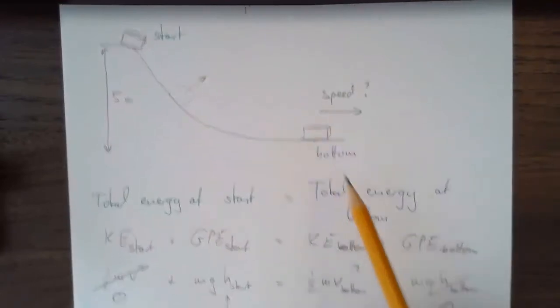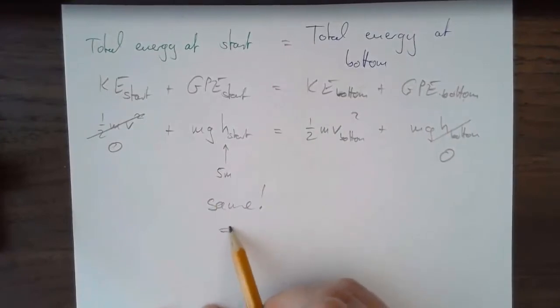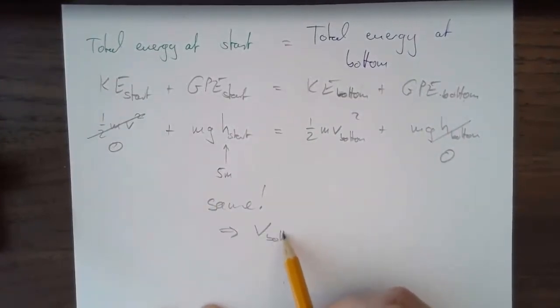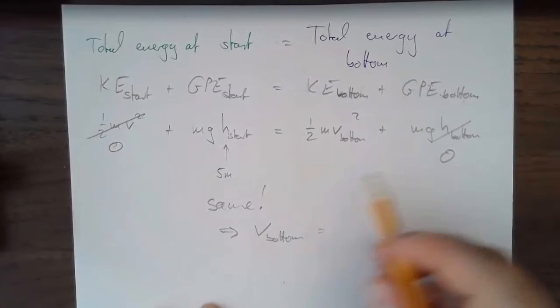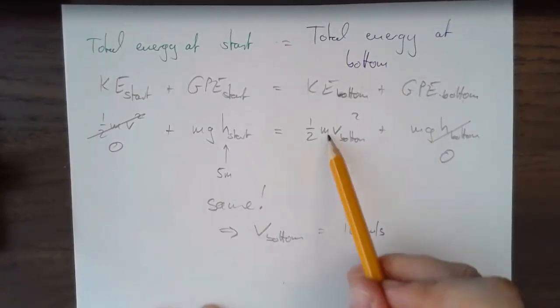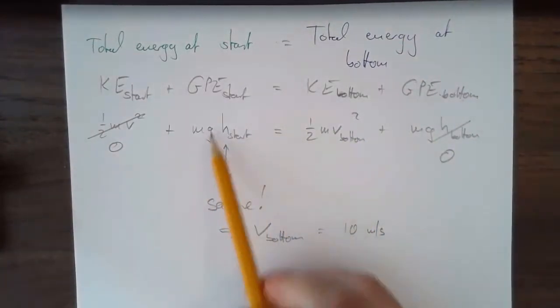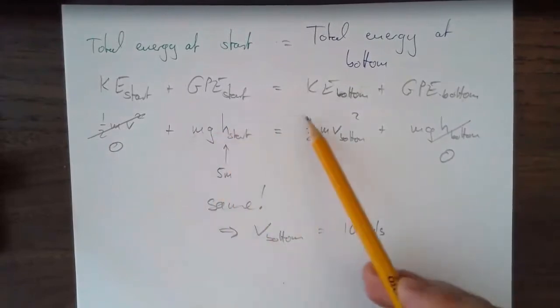The speed at the bottom is going to be the same. This is the same, so everything is just the same as before. And I want to find that v at the bottom, everything said and done, is going to be 10 meters per second. Because all the values that appear here are the same as before. h, g specifically. The m cancels out again.